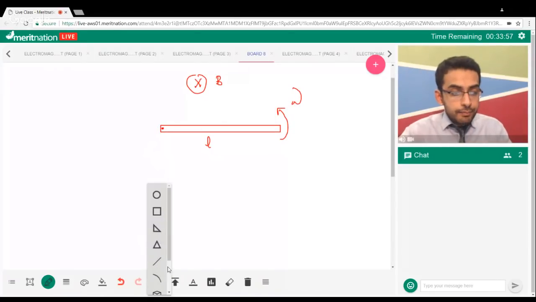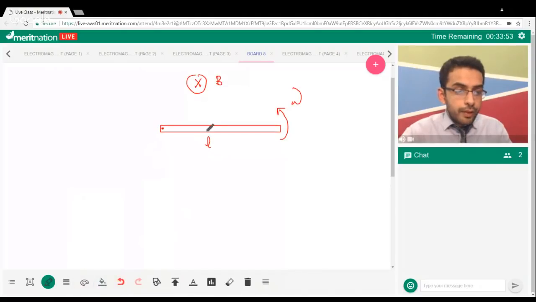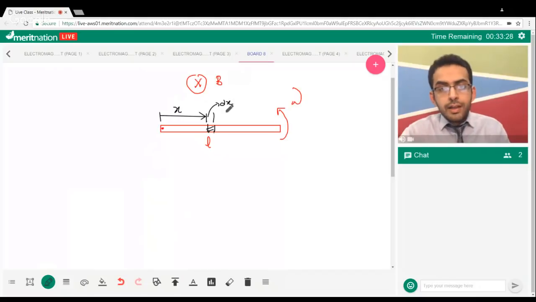Let us say we consider some elemental length. Let us say the distance of the element from the hinge is x. This is x, and this length is dx. Length of the element is dx, we have assumed.